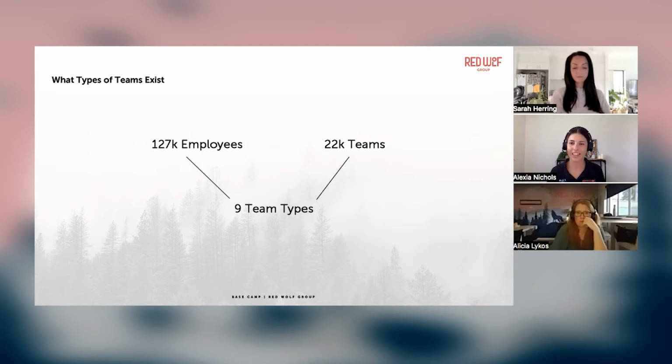It's really crazy to think about. We go from 127,000 employees, 22,000 teams, but there are 9 distinct team types, and they didn't find evidence of any more than that. So it really thins it down in terms of the type of groups that we can potentially have working in our business.